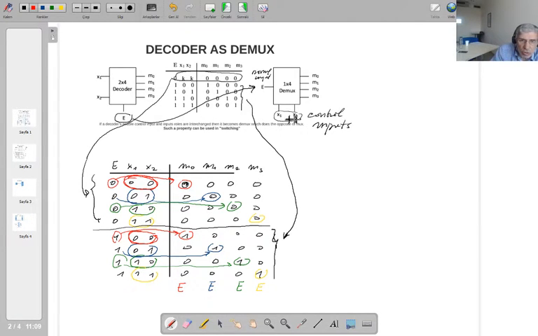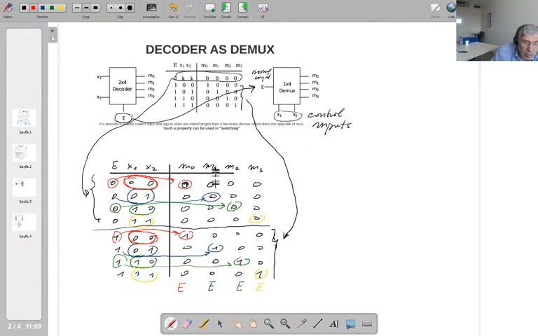If you choose the control input 0, 1, that's the dark blue, and this is another dark blue. For this dark blue, E is equal to 0. For this dark blue, E is 1. So if you observe not M0, but in this case M1, M1 value is the same as E value here, is also the same as E value here.